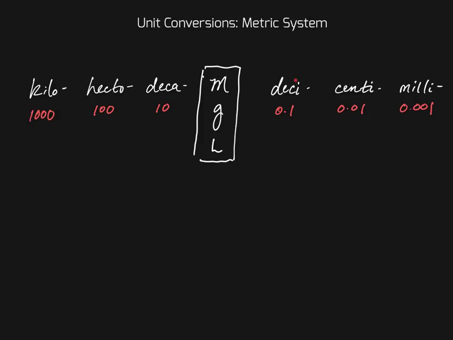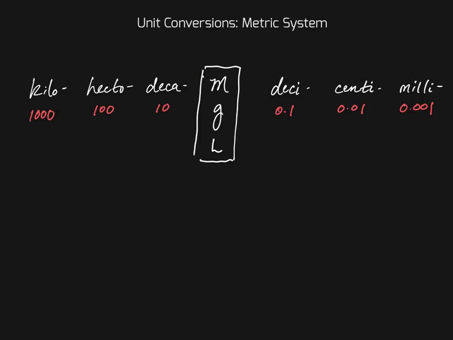Now, all of these prefixes have a very specific meaning. They're telling us how much of that base unit we actually have. So, for example, let's say that I drove 1 kilometer. Well, that's saying that I drove 1,000 meters.